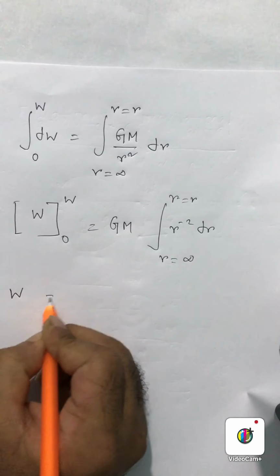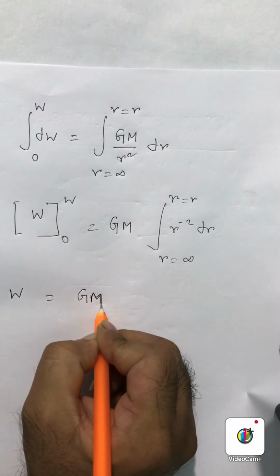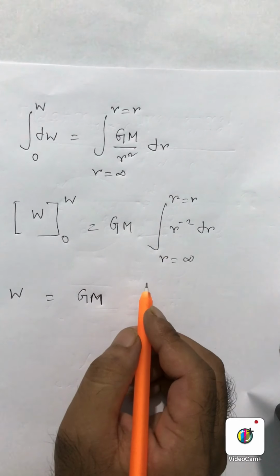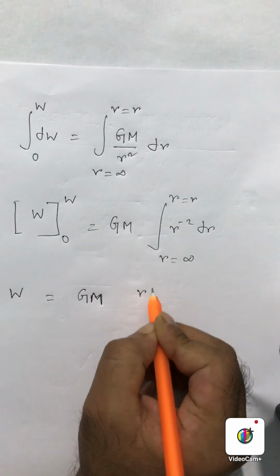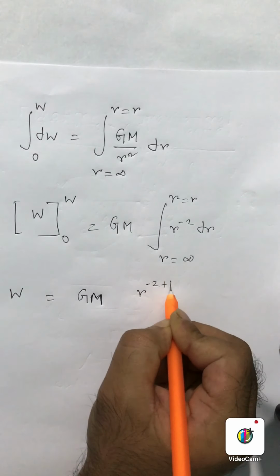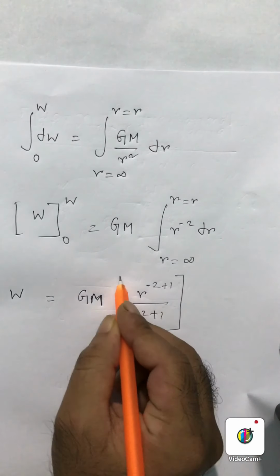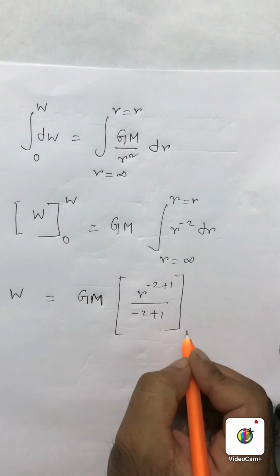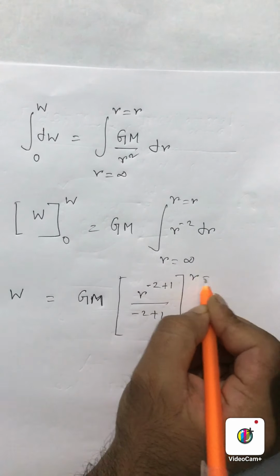So W equals GM times the integral of r to the power minus 2 dr. The integration gives r to the power minus 2 plus 1 divided by minus 2 plus 1, with limits from infinity to r.